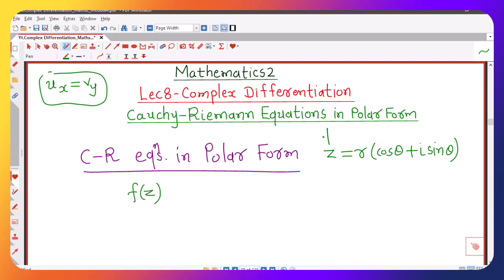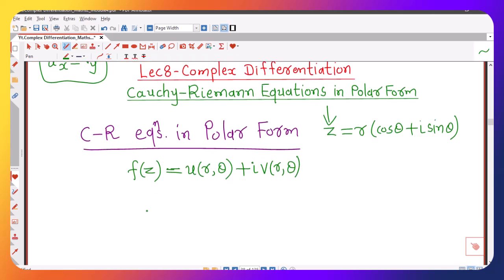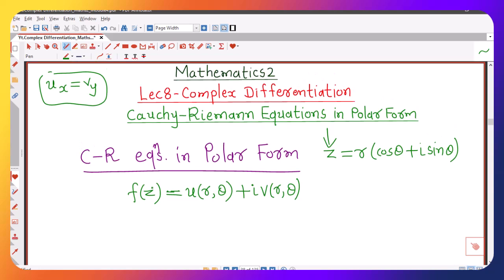After taking z equal to r into cos theta plus i sin theta in the formula of the given function, we will be able to write our function as u as a function of r and theta plus i times v as a function of r and theta. Then Cauchy Riemann equations in polar form can be written in a similar way.